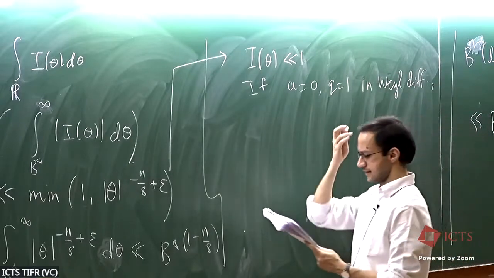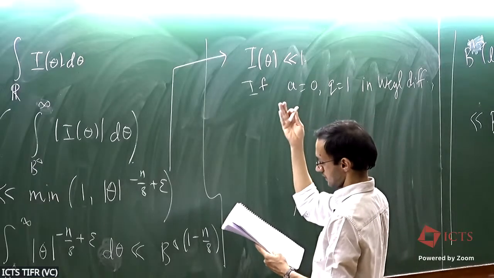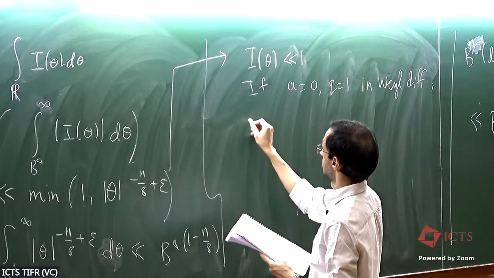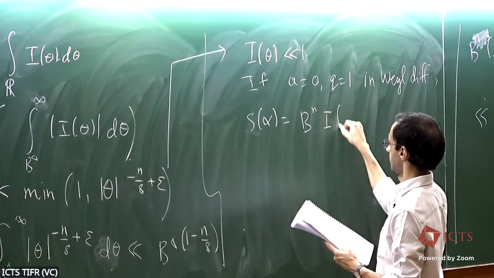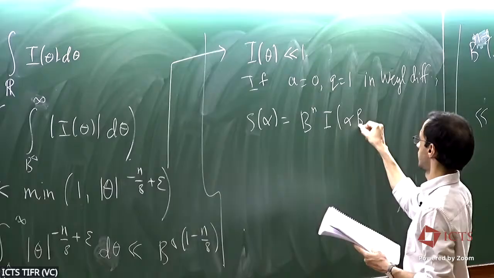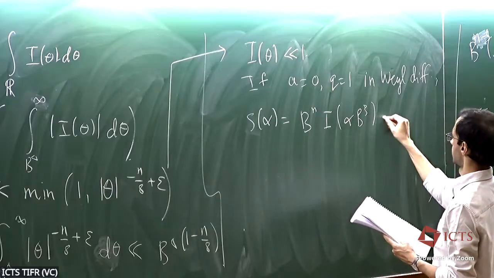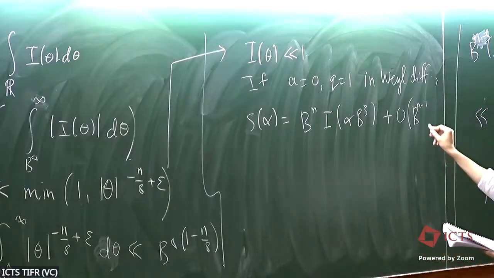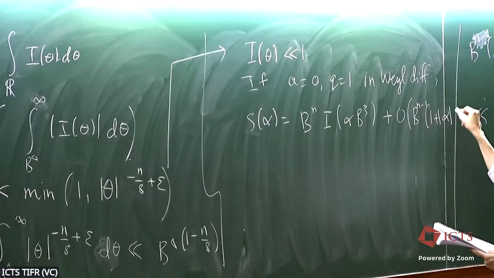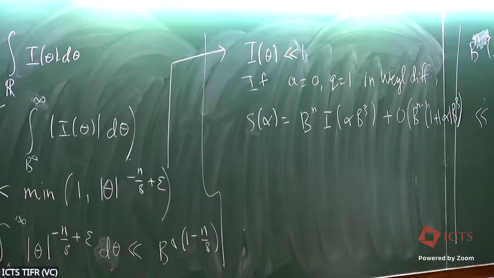what we get is that S of alpha, which is b to the n I alpha b cubed plus big O of b to the n minus 1 plus alpha b cubed. So this is the error term that we anyway had.